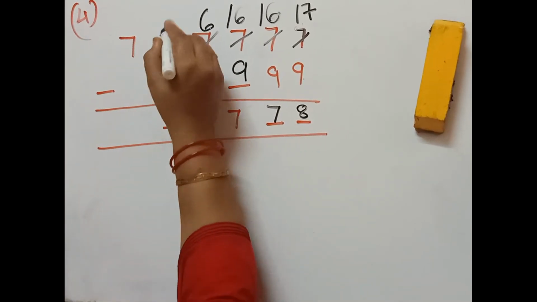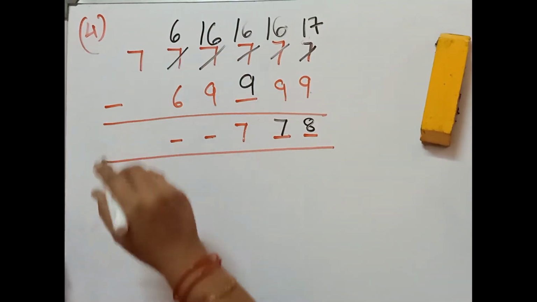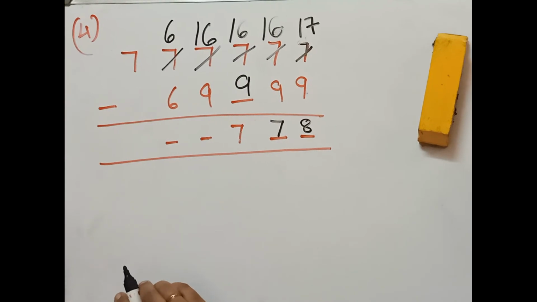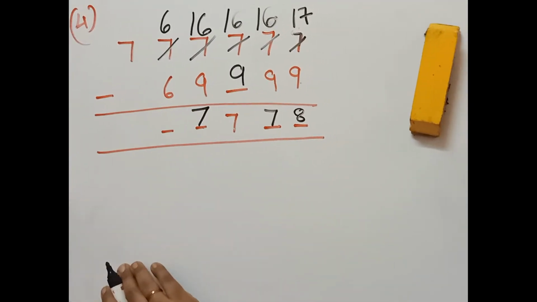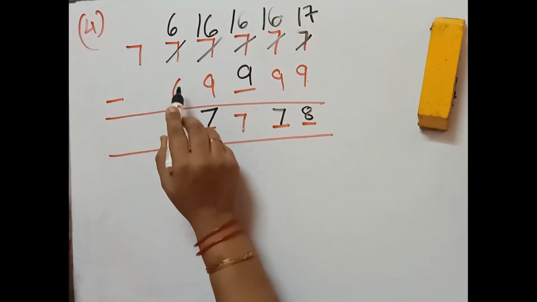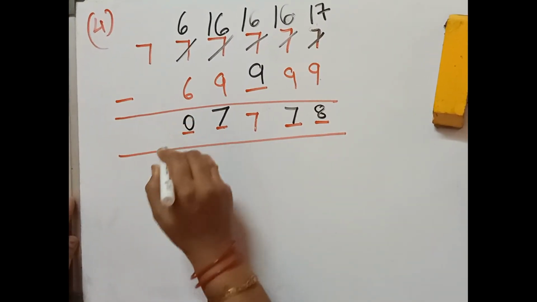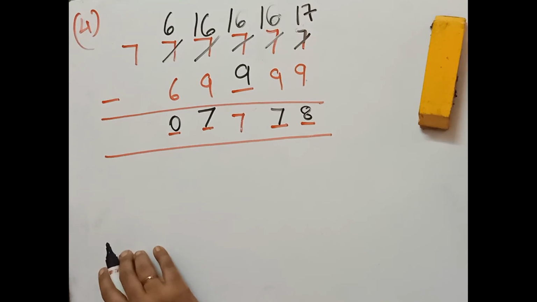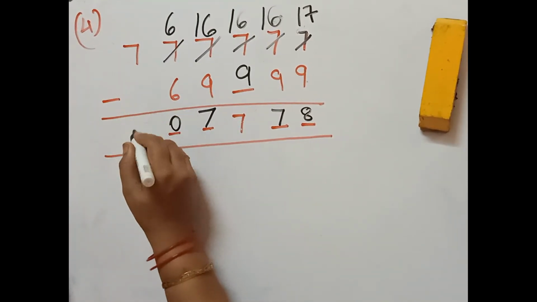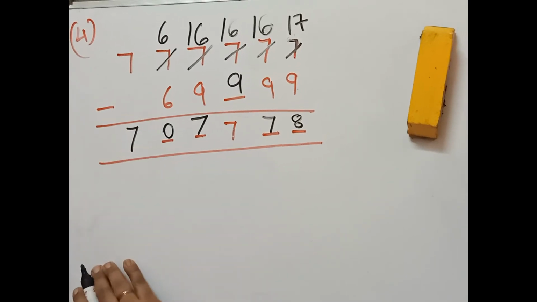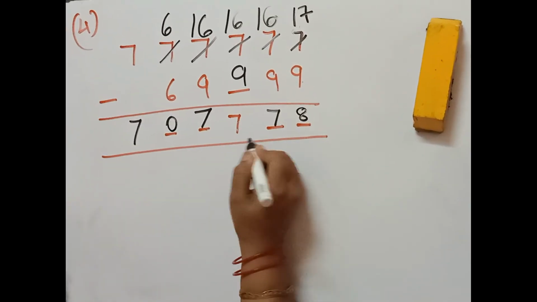So this 7 becomes 6 and 6 becomes 16. 16 minus 9, 7. Now here 6 and here 6. 6 minus 6, 0. And now 7 is here. There is no number. It means 7 minus 0, 7. So this is our answer.